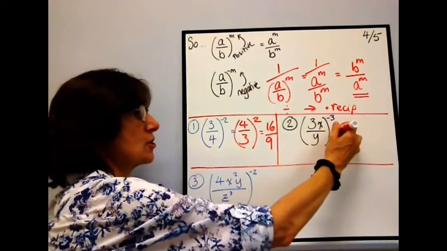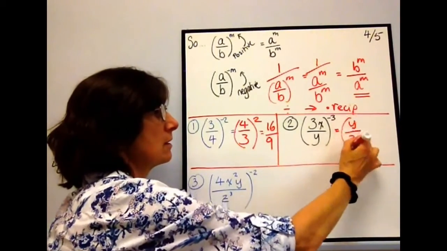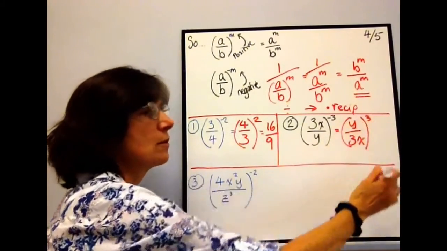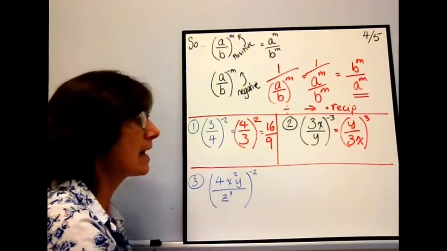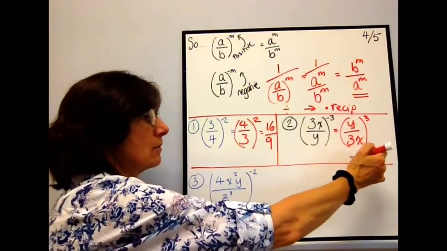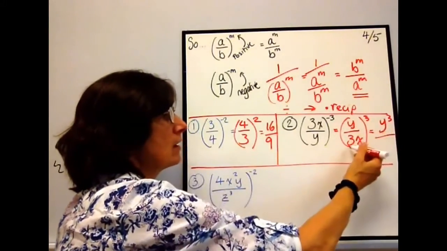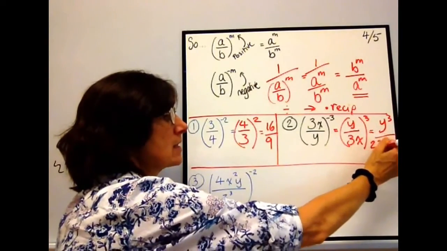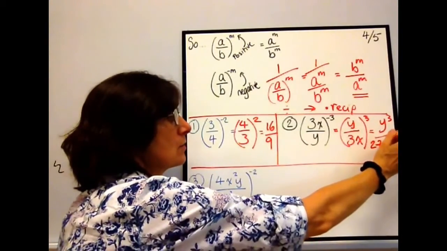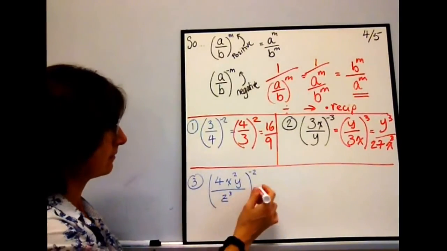So, my suggestion to you is flip the fraction, use the positive power. Now apply it. I've got to apply it to the top and the bottom. So I'm going to have y cubed over 3 cubed is 27, x cubed. Tricky one here, look at this.